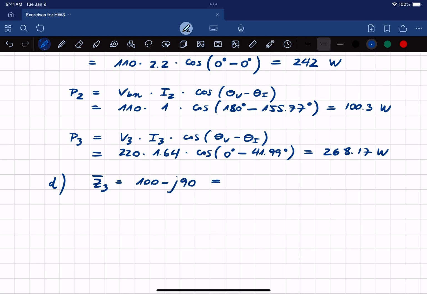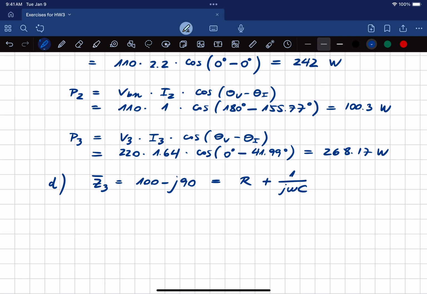So if this is an impedance with negative imaginary part, this equivalent must come from a capacitive circuit. That means that somehow this needs to come from some resistive part plus some reactive part, right?